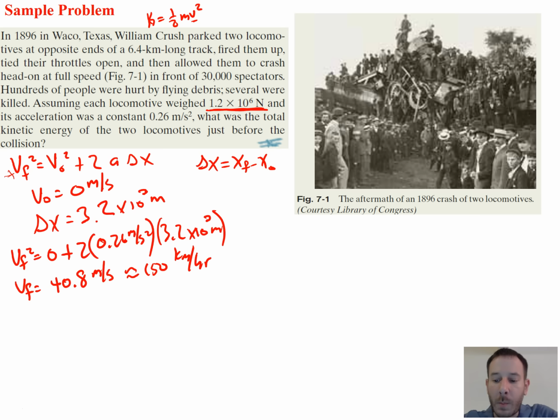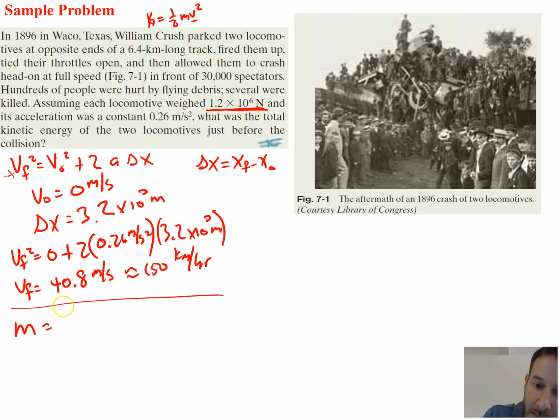Okay. Next, I want to find the mass because, going back to our equation, we need to know the mass, not the force due to gravity. So let's go ahead and find that out. The mass is just going to be the weight divided by 9.8, right?